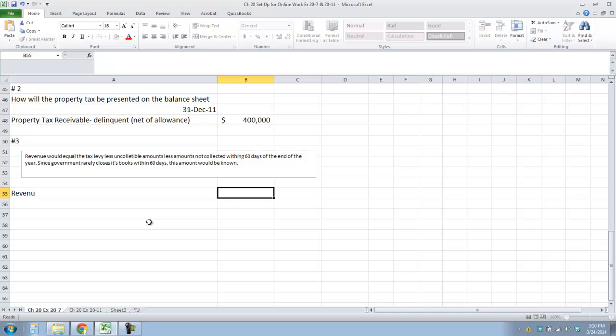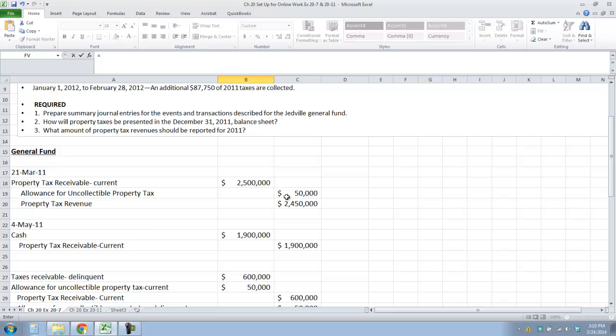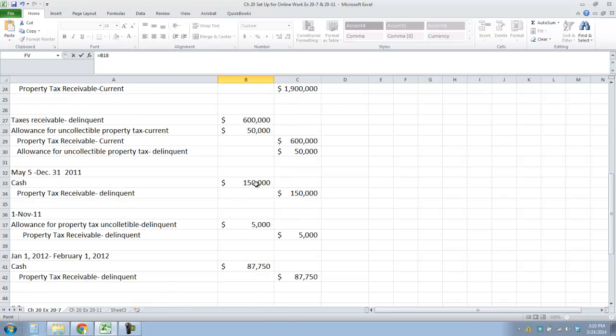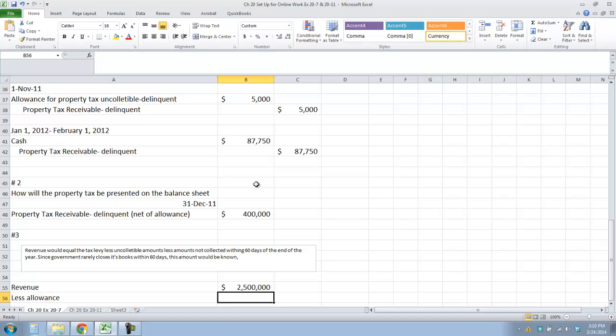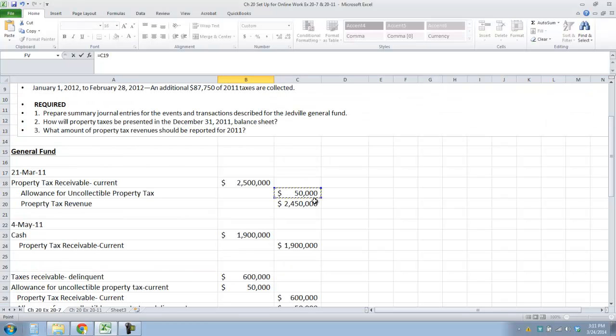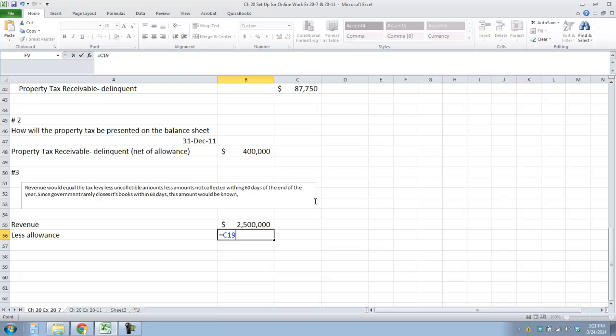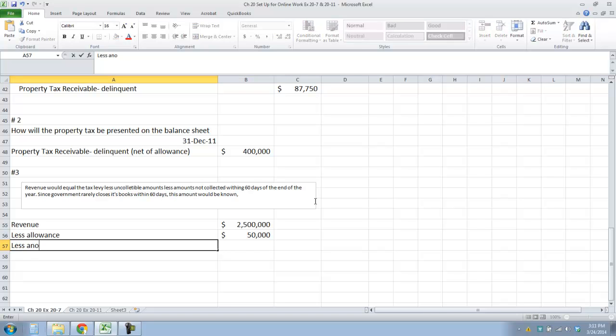So we have revenue equals this much, less allowance, less amount not collected by year end.